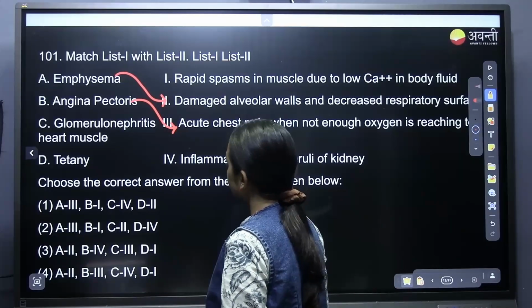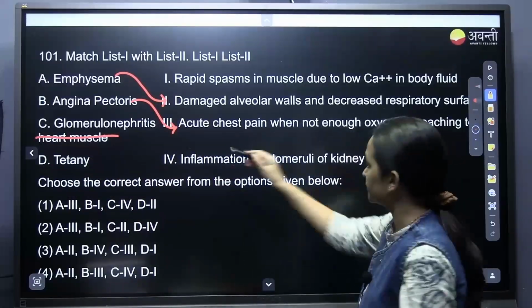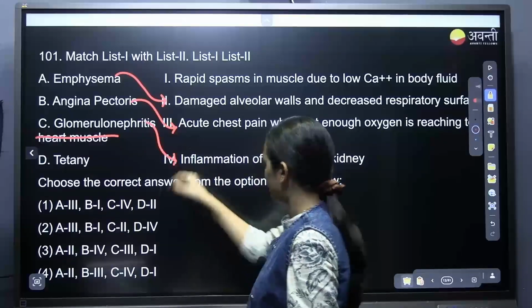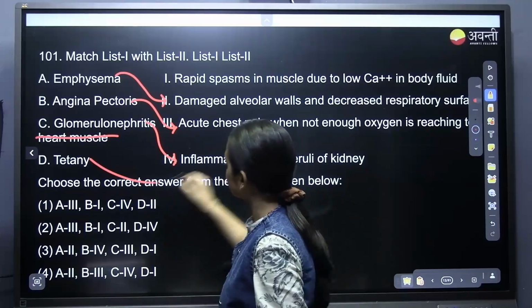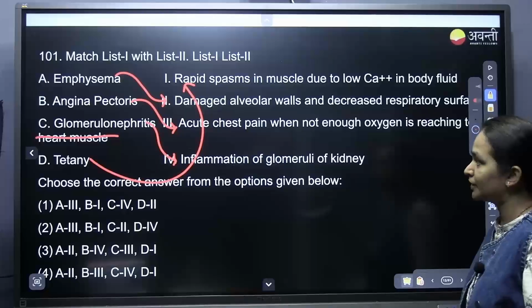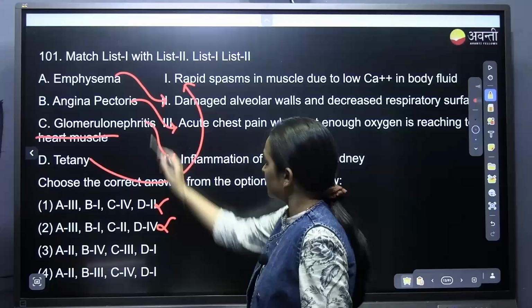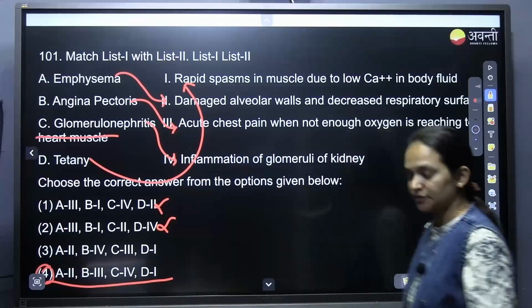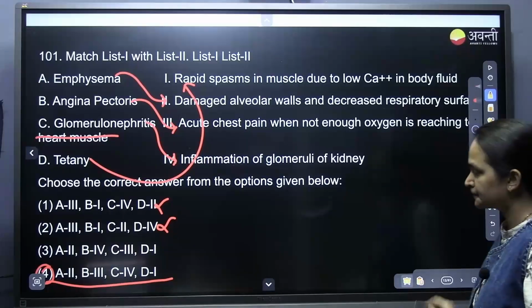Glomerulonephritis is inflammation of glomeruli in the kidney. Tetany is rapid spasm. So D is the correct answer. Understanding?